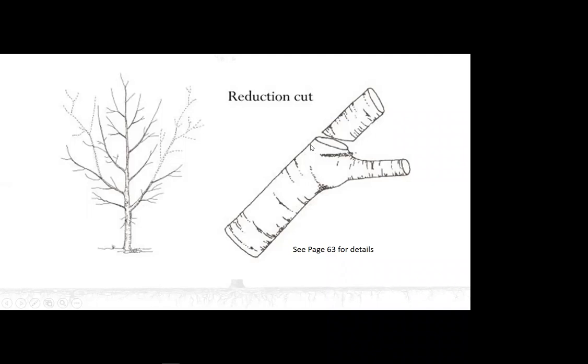And by making the cut right here at the branch union and with that downward angle, what's happening is you are turning the terminal bud in this branch from the one that maybe was up here to this one. But this bud then is taking over the job of suppressing the lateral buds along the branch here. It also makes a good clean cut that the tree is in pretty good shape to seal over.